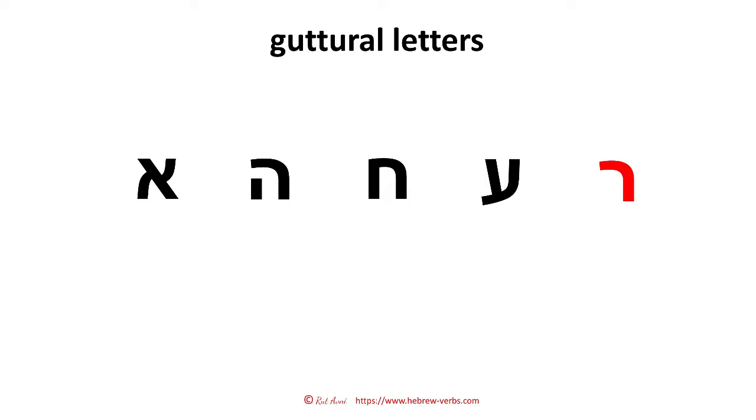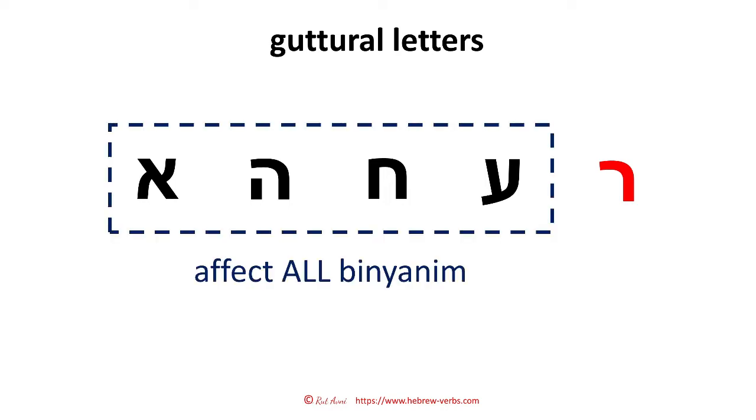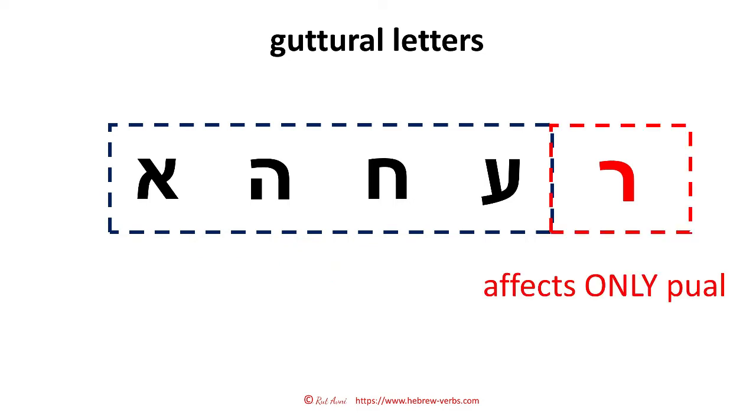You might have never heard about it because only those are actually having effects in all binyanim, in one way or the other. Now, Resh only shows up in a vowel change in Pual. So that letter might not be on your radar, and for that reason, we are going to talk about it in this video.